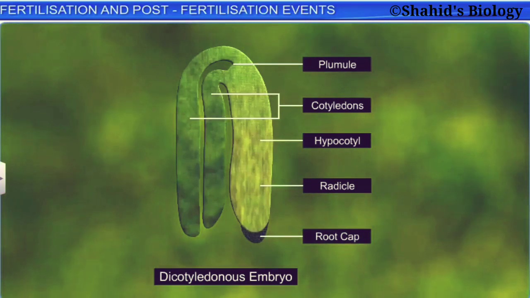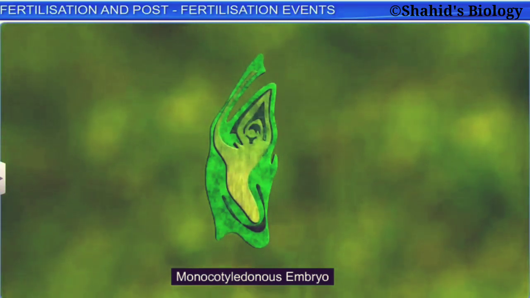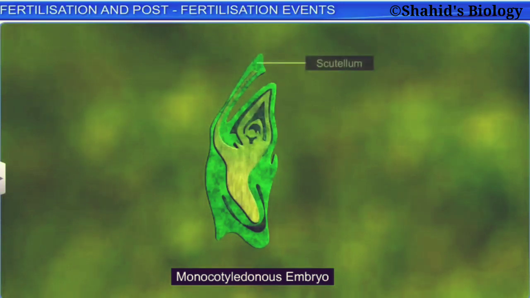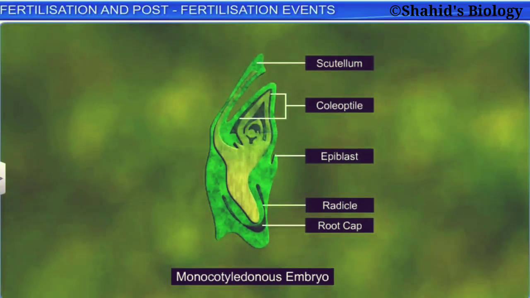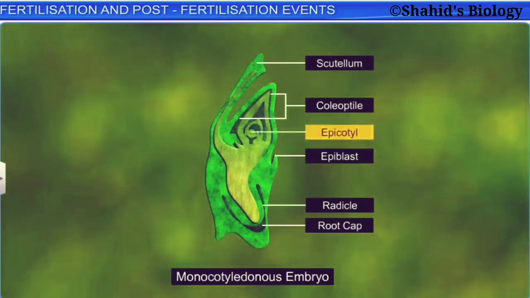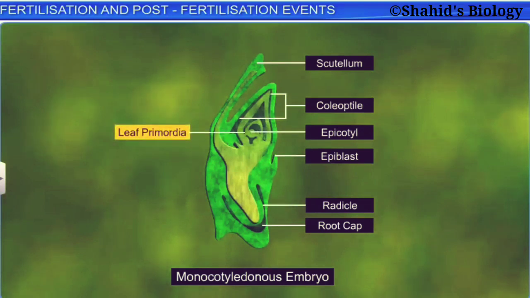which is covered with the root cap. On the other hand, a monocotyledonous embryo, commonly found in the grass family, has only one cotyledon called a scutellum, situated towards the lateral side of the embryonal axis. The upper portion of this axis, known as the epicotyl, lies above the attachment of the scutellum. The epicotyl has a shoot apex and a few leaf primordia enclosed in the coleoptile, a hollow foliar structure.